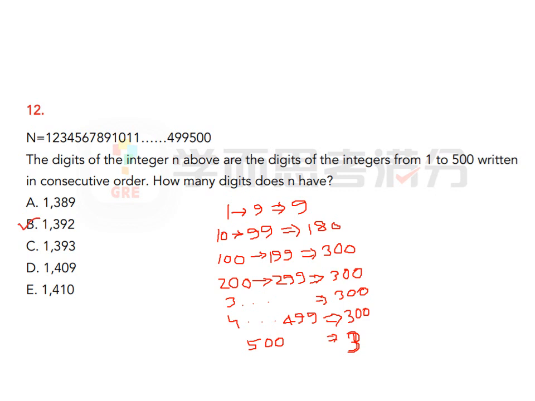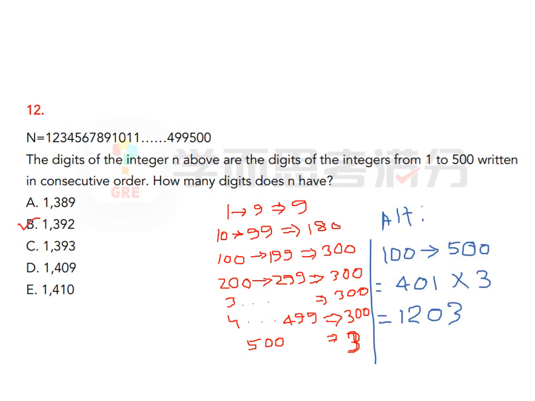There's an alternative method. From 1 to 9 there are 9 digits, and from 10 to 99 there are 180 digits. How have I found it? There are 90 integers from 10 to 99, that is 99 minus 10 plus 1 equals 90, and as there are 2 digits per integer, 90 times 2 equals 180.